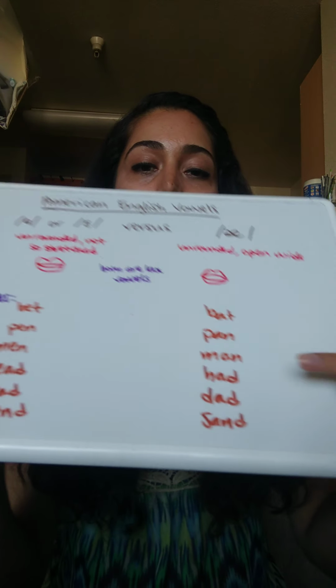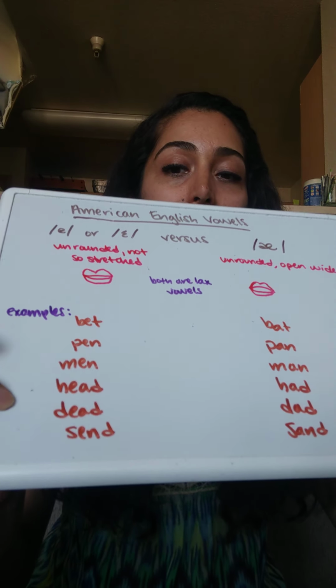Next word on the list is dead versus dad. I know that's not a great word, but it's important because if I want to say dead and I don't want to say dad or vice versa, it's important to make that distinction with your pronunciation. So the first word again is dead. Second word is dad.